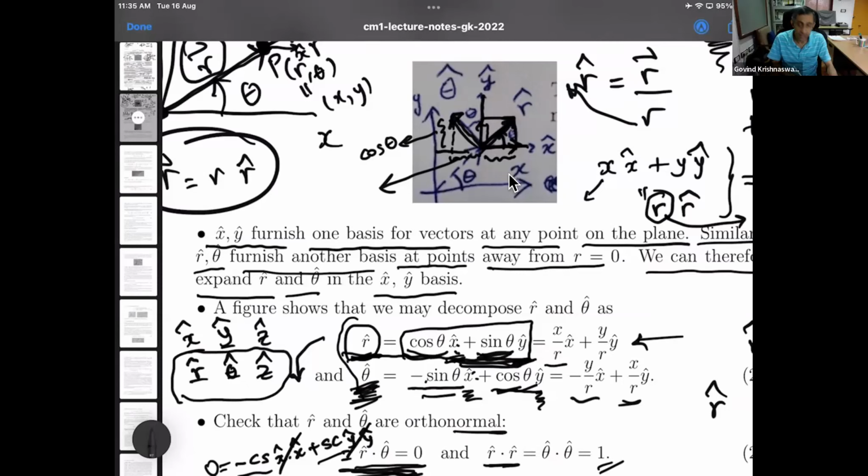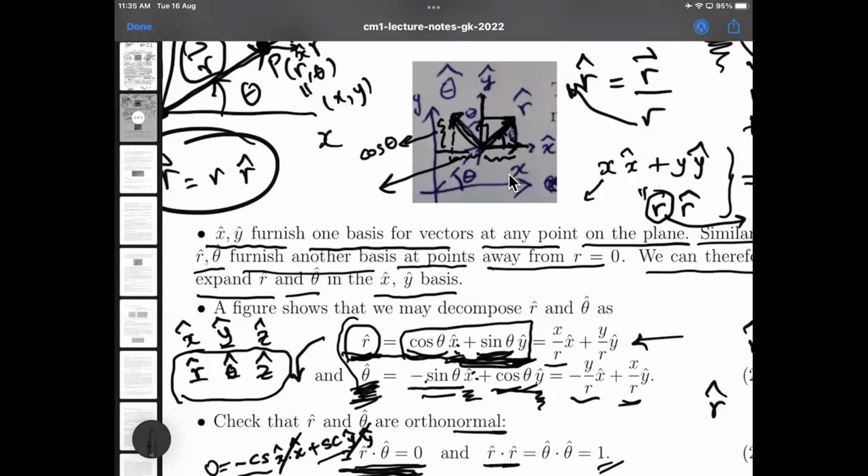So r, theta, z is called cylindrical polar coordinates. The axis of the cylinder is along z, and then you have r and theta on the horizontal plane. I think what Ancon is going towards is spherical polar coordinates. Those are a different system which we will address after a little bit of time. Okay, are you okay, Ancon? Yeah.